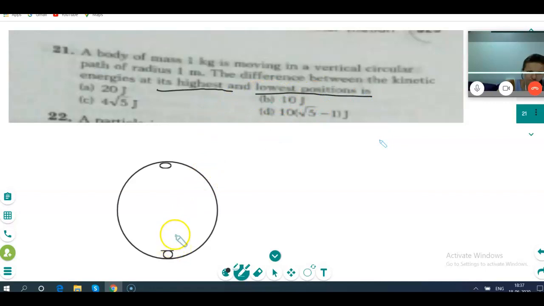At the lowest position, kinetic energy is going to be mv squared divided by 2. At the highest point it is not 0, let us say it is moving, but how much height does it gain? 2r. So mg into 2r.